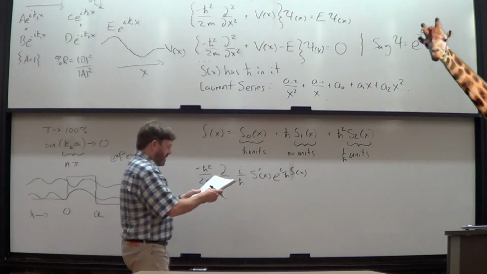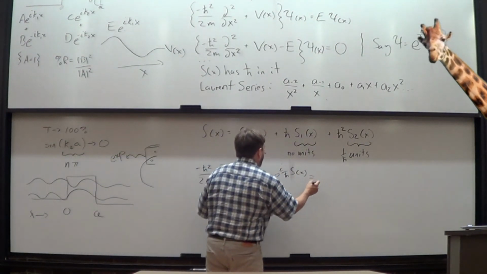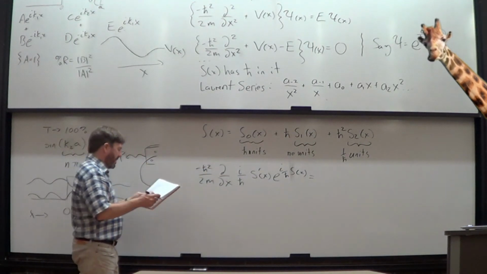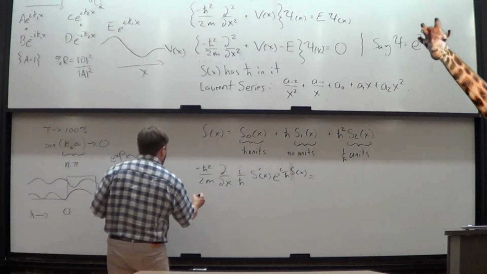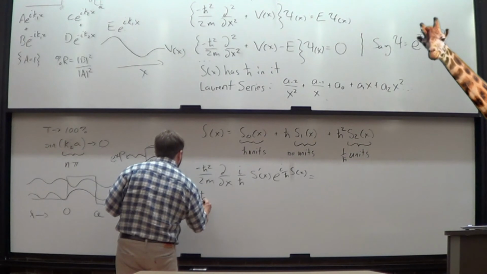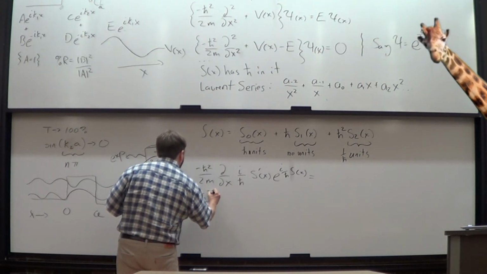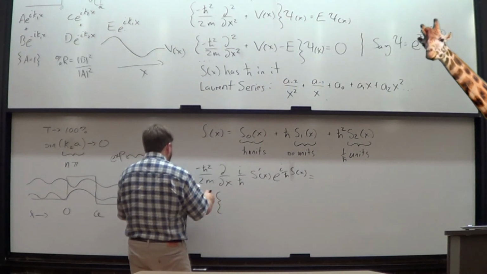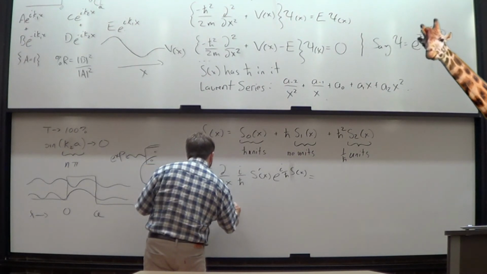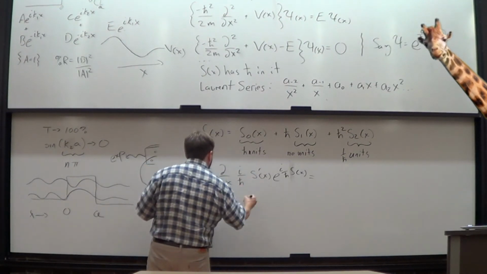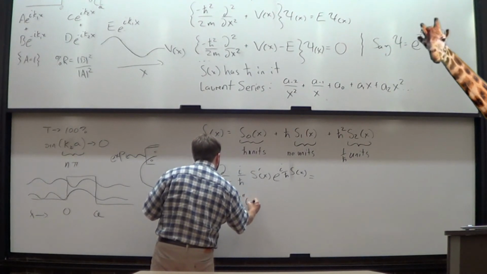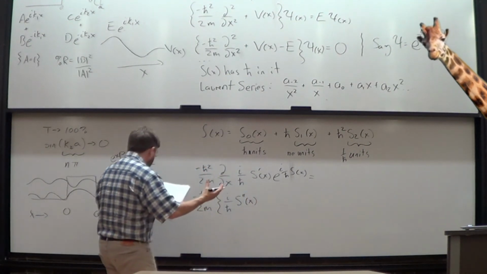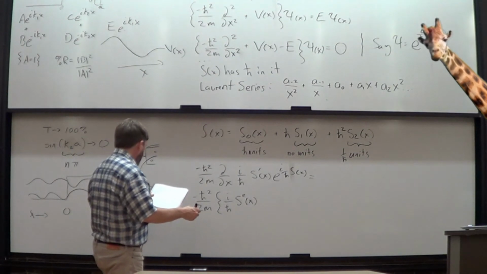Okay, now what's this equal to? Now we've got ourselves a product rule, so I'm going to take that minus H bar squared over 2m. I'm going to factor that because I've got a bunch of terms now. I've got I over H bar. So what we can do is do the derivative of the first term, which is now a double derivative.